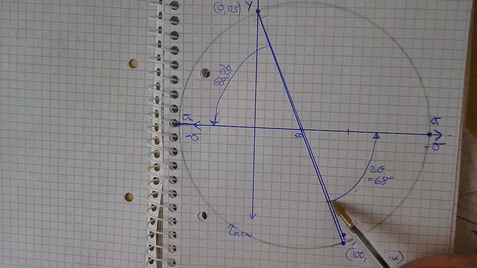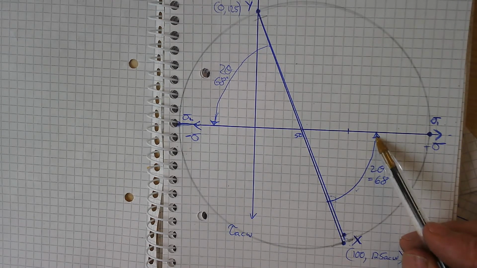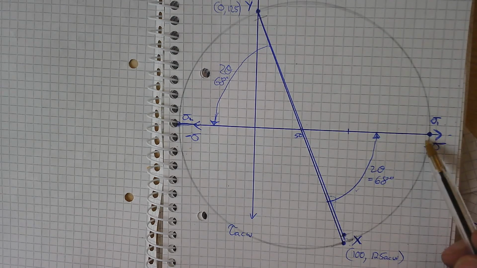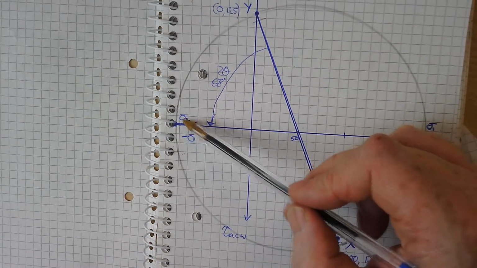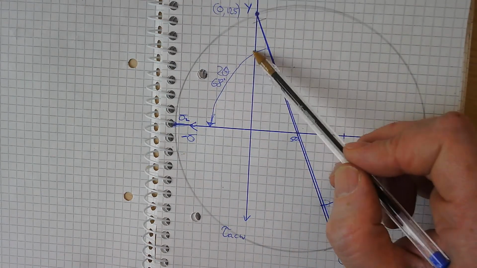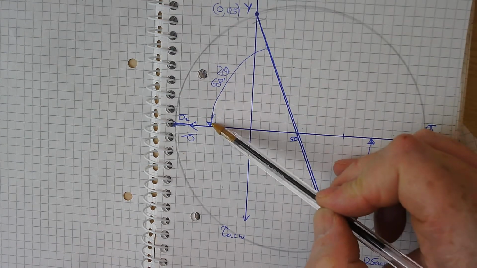You always measure your angles from your original x-axis to your principal stress. So the maximum principal stress would be 34 degrees anti-clockwise from x to sigma 1. And similarly, the minimum, or sigma 2 here, would be 34 degrees anti-clockwise from your original y-axis. All right?